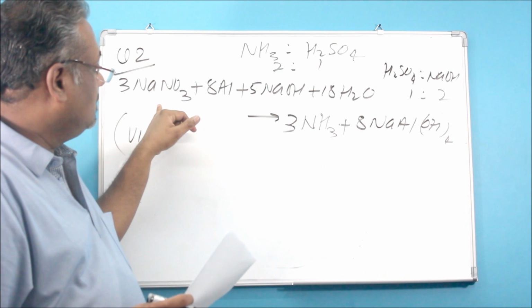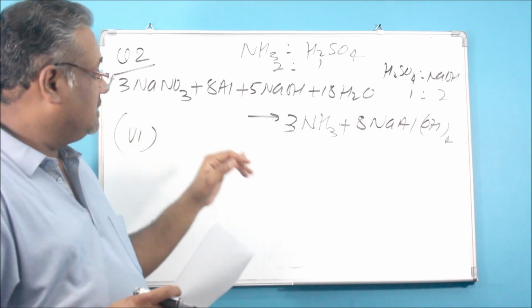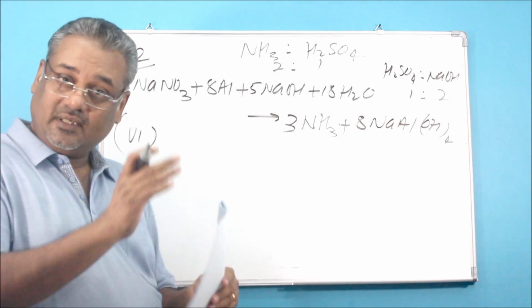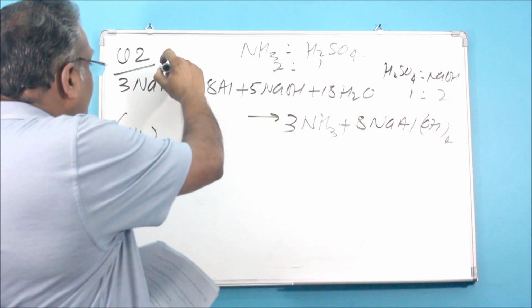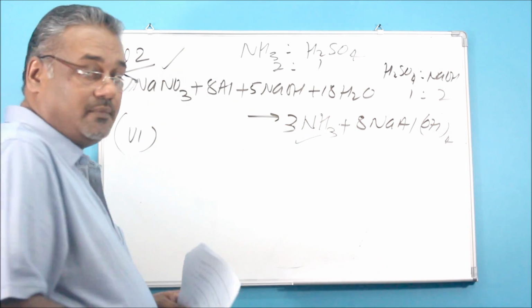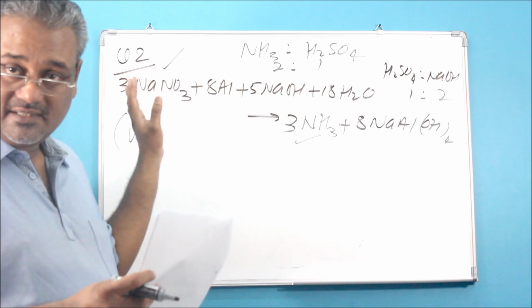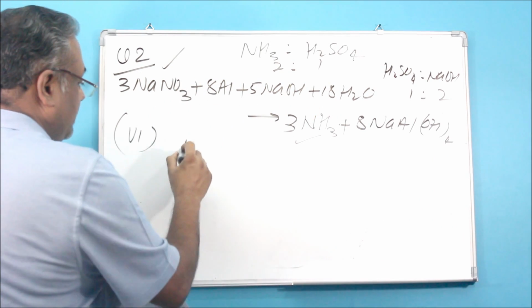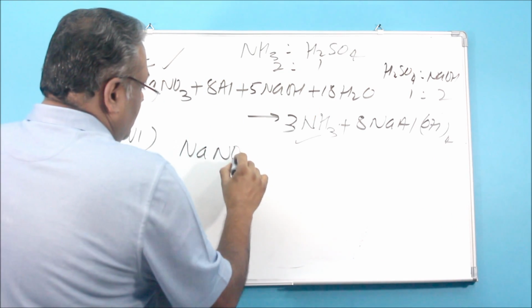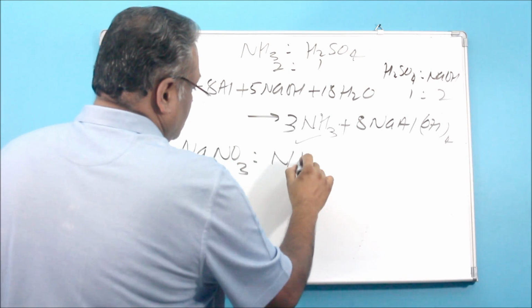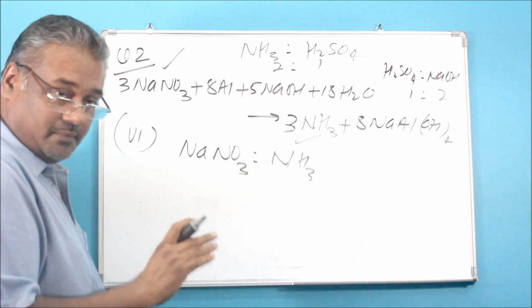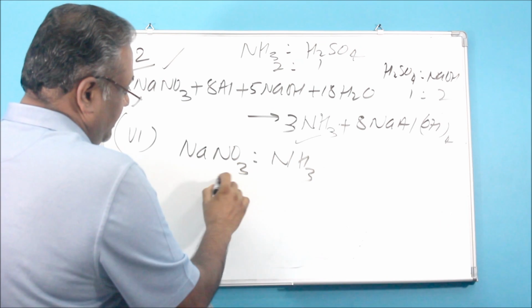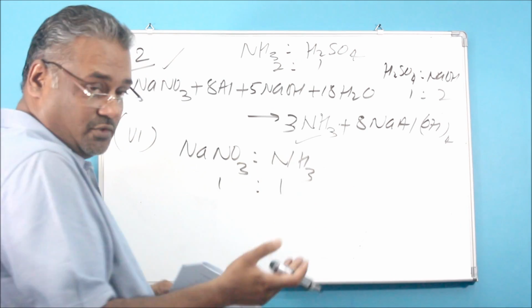For part 6, in this question they want you to find the moles of sodium nitrate in the alloy that reacted with the ammonia present. If you look at the equation, it's very clear. We have the ratio between them clearly mentioned as 3:3. So it's the same ratio there. So NaNO3 to ammonia, it's the same ratio, so it's basically 3:3, or I could just say 1:1.